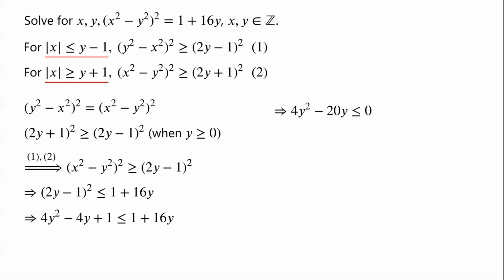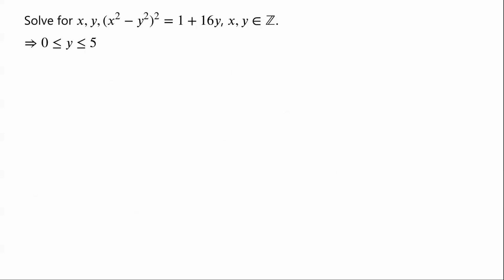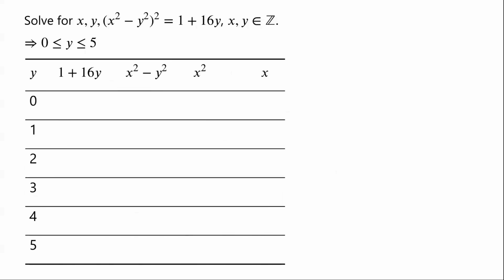Divide the inequality by 4. We have y squared minus 5y is less than or equal to 0. y squared minus 5y can be written as y times y minus 5. And we know that y is greater than or equal to 0, so y must be less than or equal to 5. So to find solutions, we only need to check each possible value of y. y can take value 0, 1, 2, 3, 4, or 5.